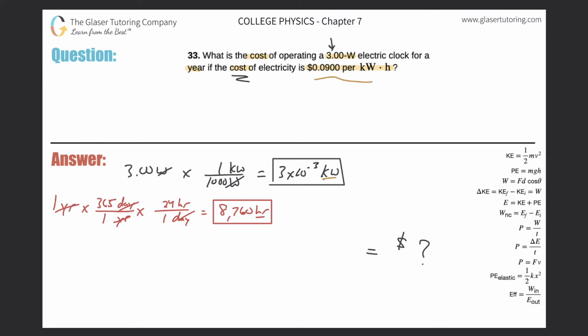Remember the word per kind of means divided by, right? So I can say that it's basically 9 cents per kilowatt hour. This is now the cost function written as a fraction, and this will help us set up our dimensional analysis so that we can cancel all of our units.